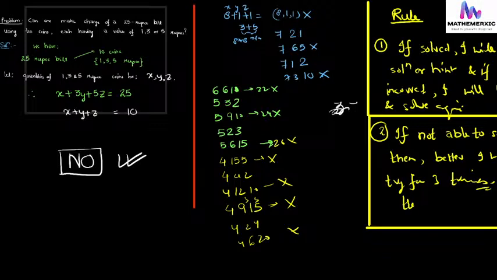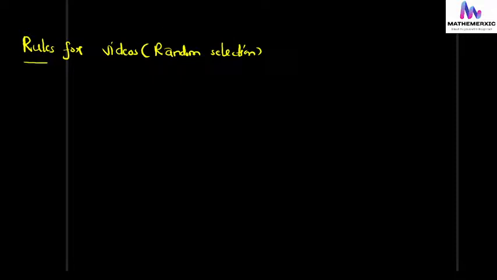Then any hint or solution I can refer to. Let me just write it properly. It is not a good way to write. Rules for videos. Random selection. It is a random selection I'm doing for the theory. Right now it is not completely random, but okay, I can assume it is a random part.